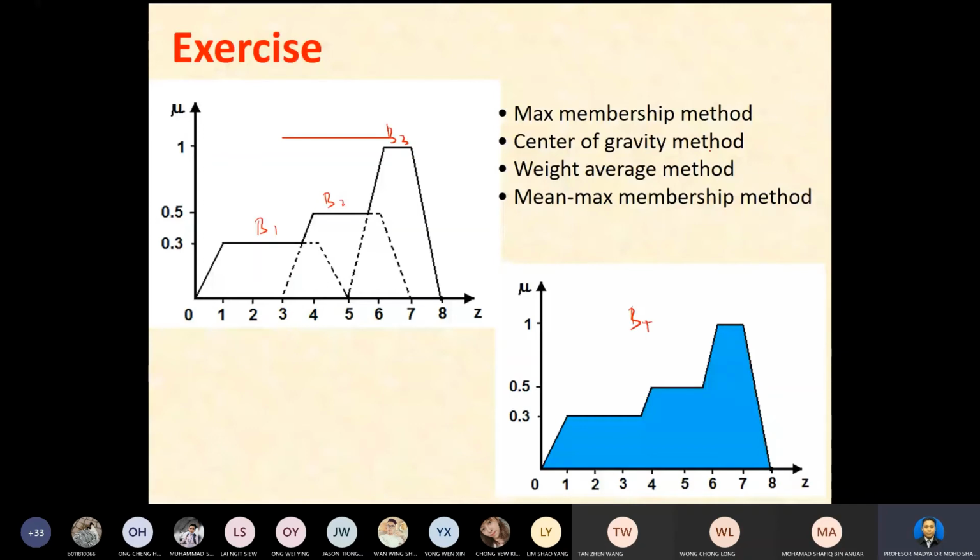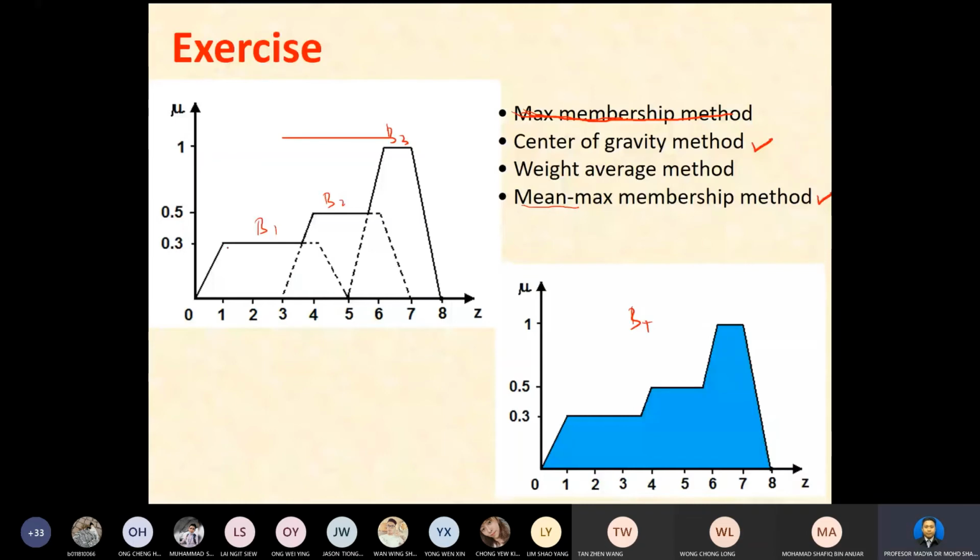For this one, we can use center of gravity. The max we cannot use, because max requires a unique maximum, but we can use the min-max. Then the weighted average: check whether it is symmetrical or not.